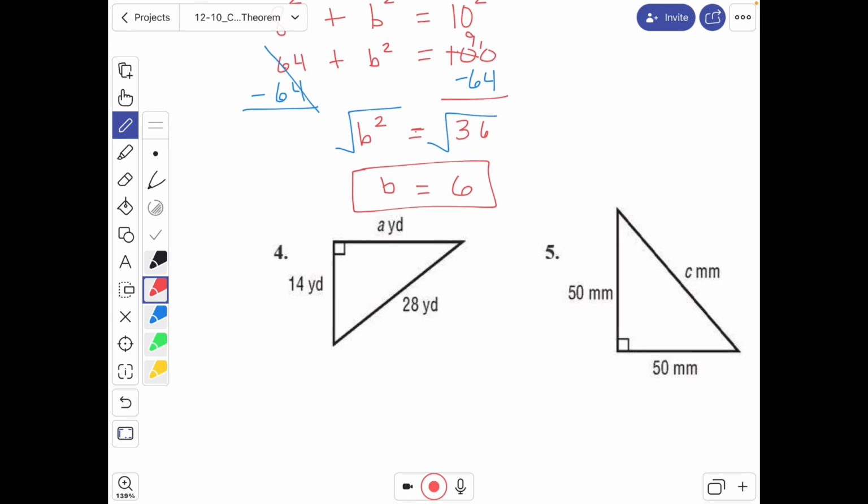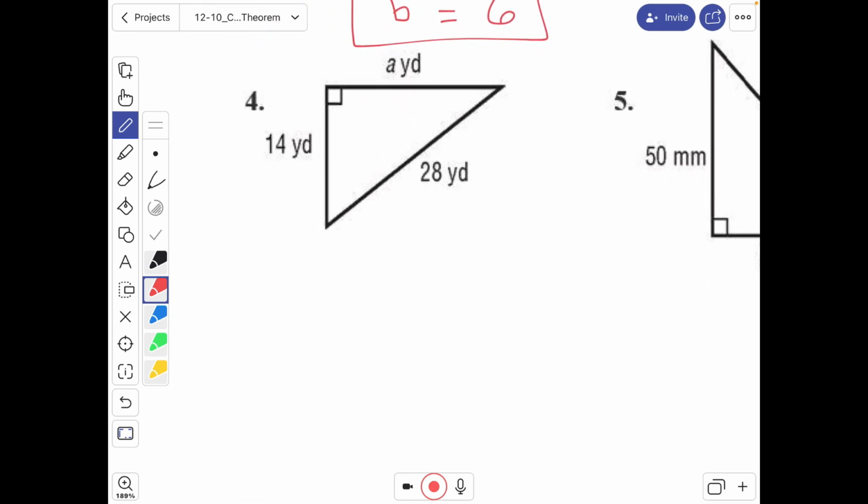Let's try one more of those. Look at the next one down there. We have the theorem. And it looks like A is the missing value this time, so 14 must be the B. And c squared is 28 squared. Again, you can use a calculator on your 8th grade material. So first we want to find 14 squared, which is 196.